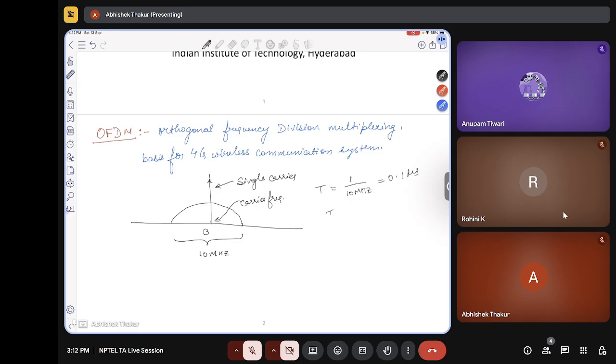But the delay spread we have studied is usually 2 to 3 microseconds. As we can see, the delay spread is much greater than the symbol time duration, so in this case inter-symbol interference occurs.